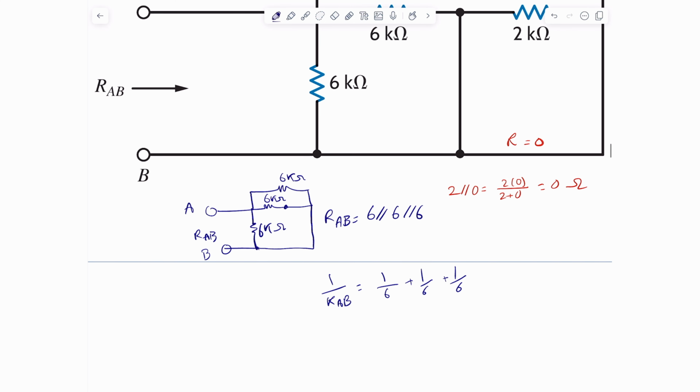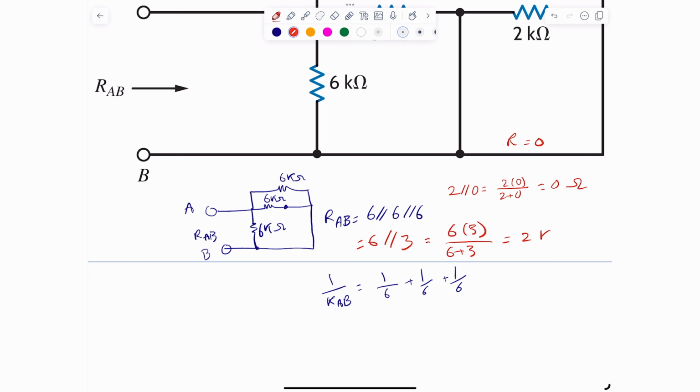Another way to do it, if you just know that this and this are in parallel, I can combine 6 and 6, and because they're exactly equivalent, that's a 3. So that's also equivalent to saying, well, this is simply just 6 in parallel with the 6 and 6, which is a 3, and I know that this is simply 6 times 3 divided by 6 plus 3, which is simply 2 kilo ohms.